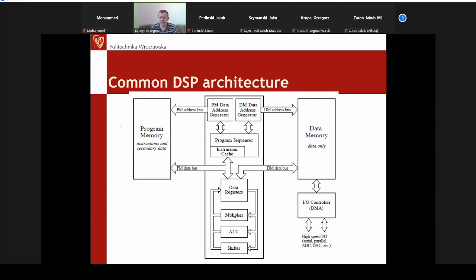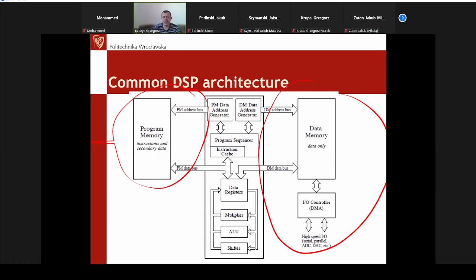Split buses are done to increase the memory bandwidth. So that's why from the early days of DSP processors, this kind of architecture was utilized, with separate program memory and separate data memory.